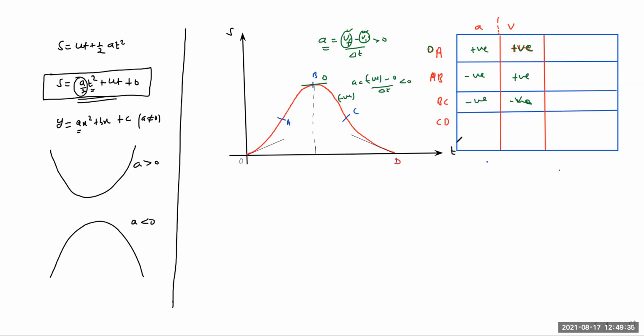And what about C to D? Sir, C to D, it will be same as... oh, sorry, no. Acceleration will be positive and velocity will be negative. Correct. Now you can realize something very simple: whenever the sign is the same, the motion will be supported.